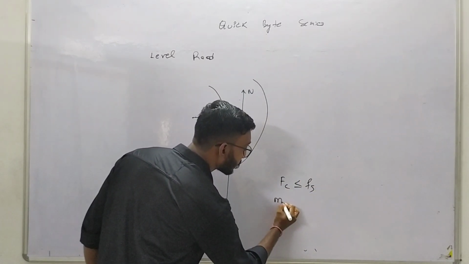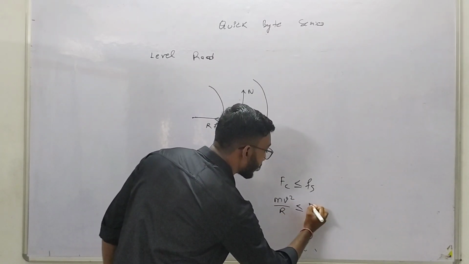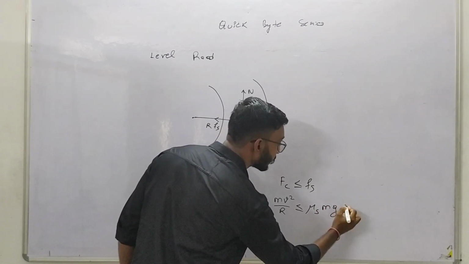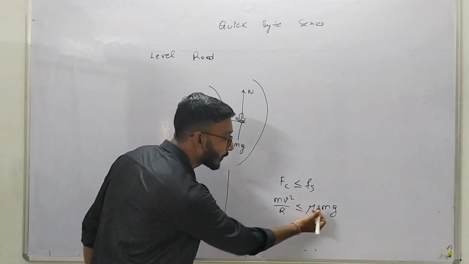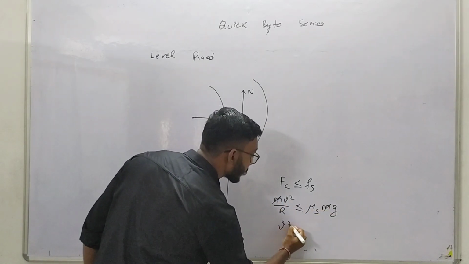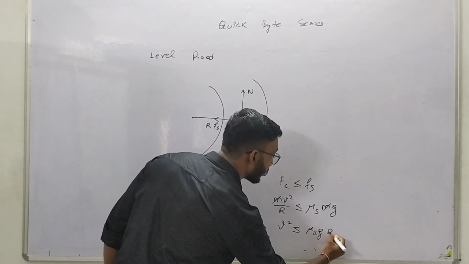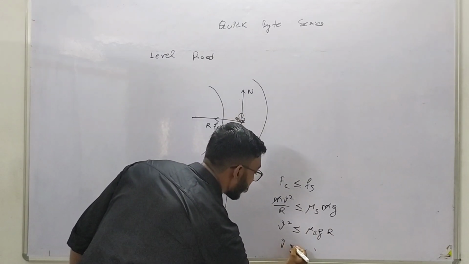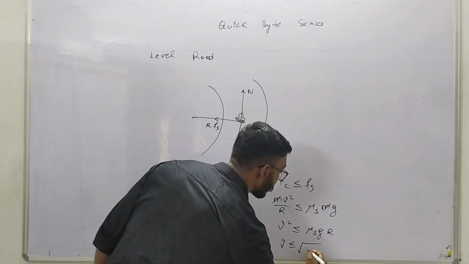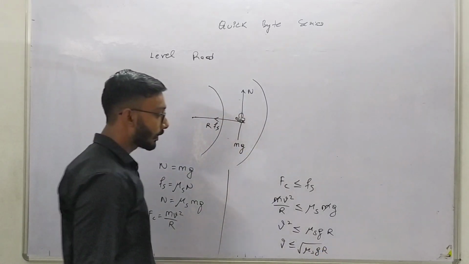The centripetal force is mv square by r, and Fs is the coefficient of static friction times mass times gravity. Mass cancels on both sides, so v square is equal to mu s g r. Taking the square root, v equals square root of mu s g r.